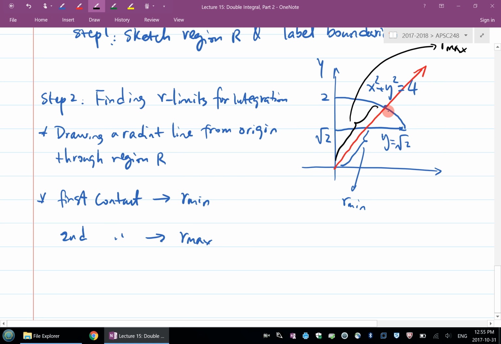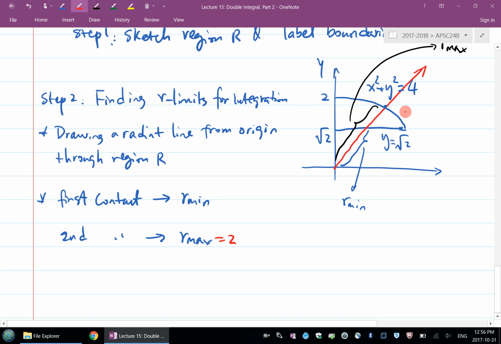2, right? So really, it doesn't matter how you draw this. You draw it here, you draw it there, the second contact is always on the circle, so r max is the radius of the circle. That's good, so r max is always 2. But r min is a bit tricky, because you draw here or here, and r min changes.